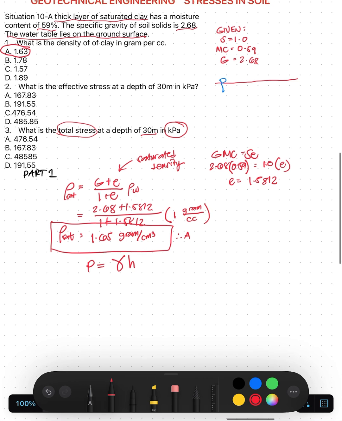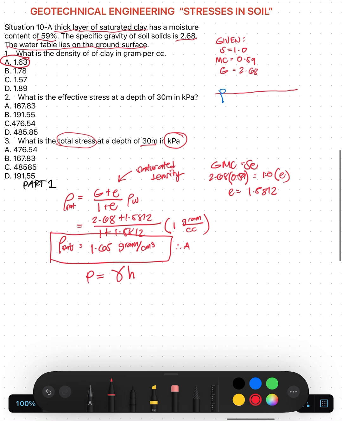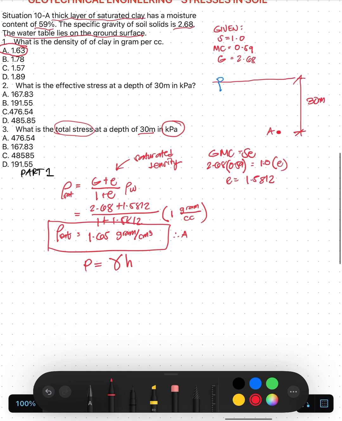Now it is stated that we will get the effective and total stress at a depth of 30 meters. So from the surface, let's say this is point A, this is 30 meters. What is the total stress? The total stress is just equal to the saturated unit weight times the height.